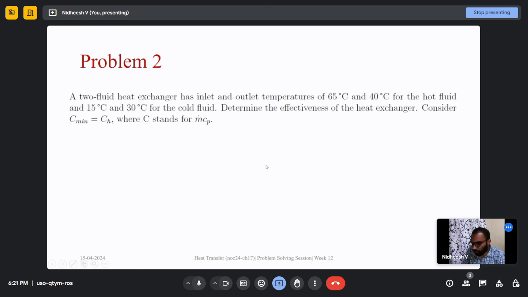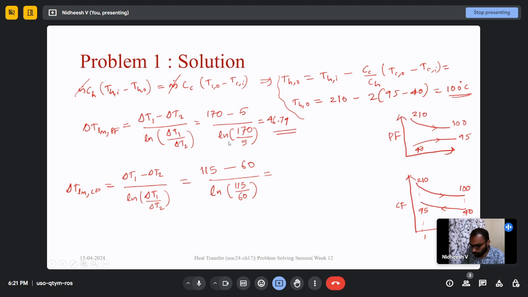Let us evaluate this expression also. 115 minus 60 divided by ln 115 by 60 gives 84.53, or 84.54. Yes, that is what I am getting.